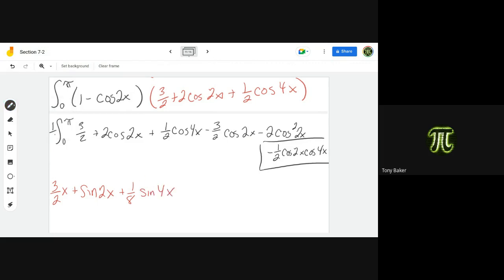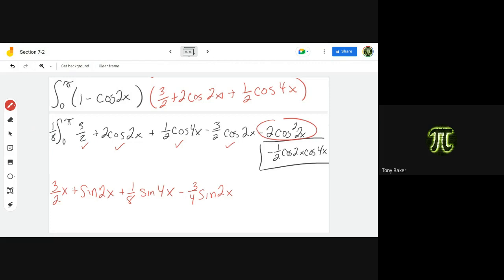I almost forgot the 1/8 in front of this whole thing. All right. Then we have minus 3/4 sine 2x. So we've done that one, that one, that one, and that one. Those two I could have actually put together. All right, let's do that part.